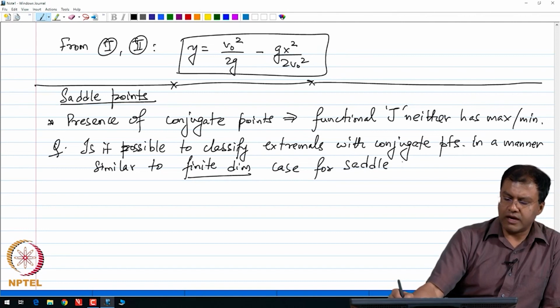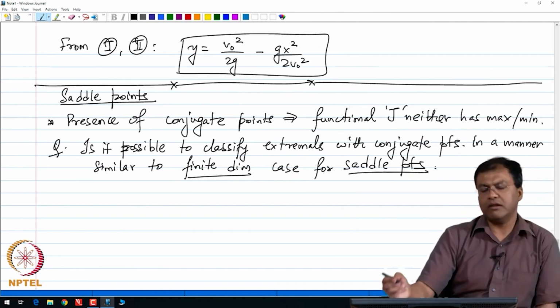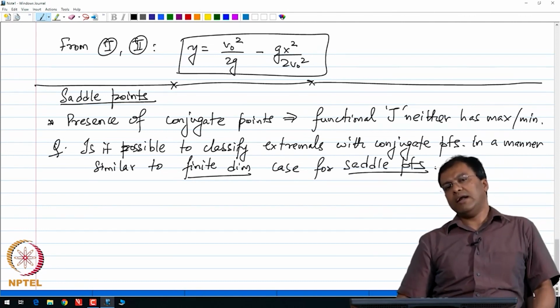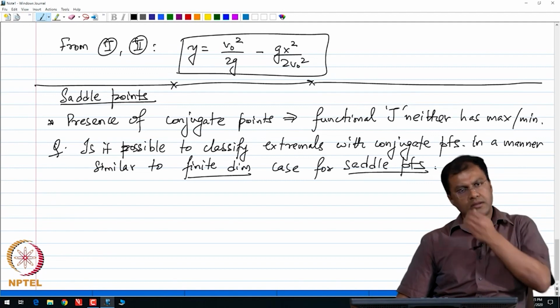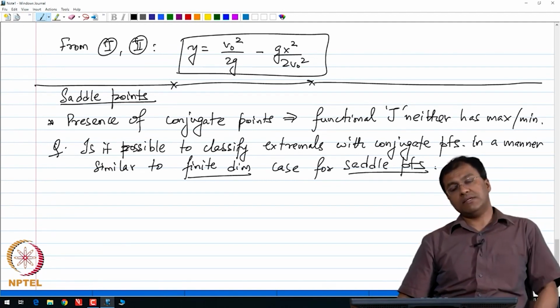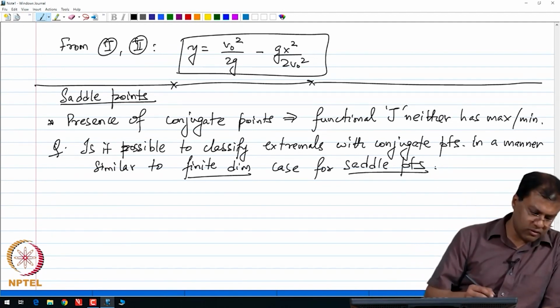What did we do for saddle points, finite dimensional case for saddle points? We looked at the Morse lemma and we calculated the Morse index. If the index is not one of the extremes, that is lambda equal to n or 0 in the finite dimensional case, then we are guaranteed to have saddle points, right. But how about the infinite dimensional case? What should we do for those cases?